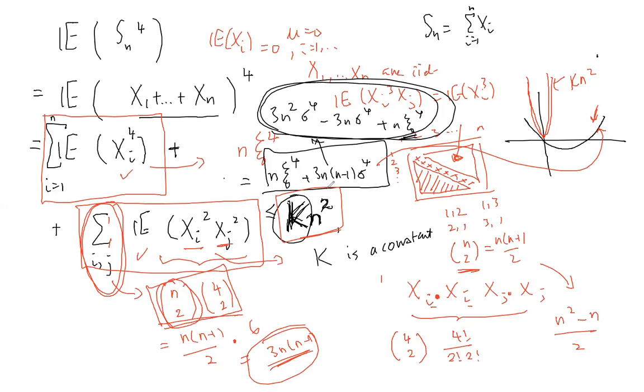All right. So now we derive an important inequality, which is that we know the expectation of Sn to the power of 4 is bounded by kn squared. Okay, so we got this important result.